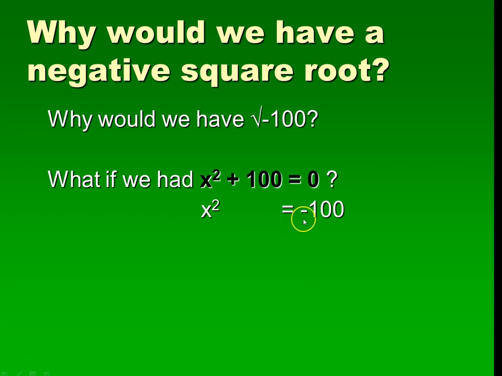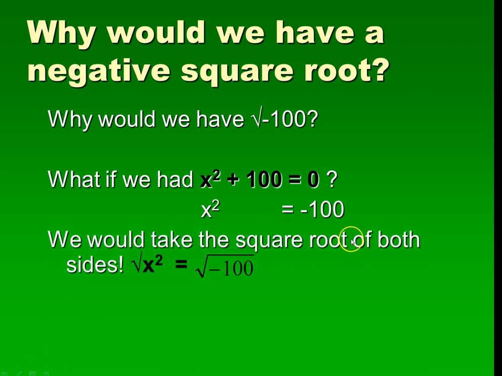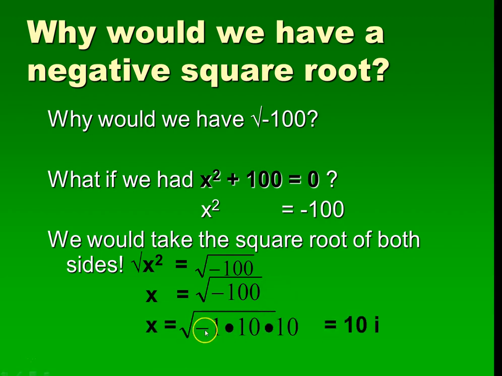So now I have x squared equals negative 100, and to solve for x, I have to take the square root of both sides. And when I take the square root of both sides, I end up with x equals, there it is, square root of negative 100. And we already know that that is 10i. So stop the video and do your number 5.